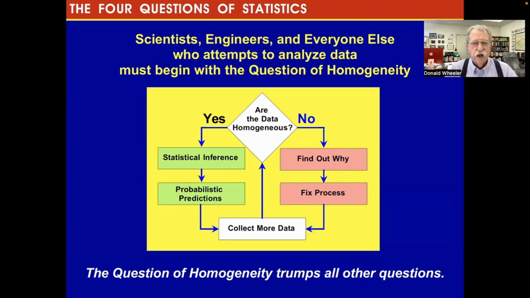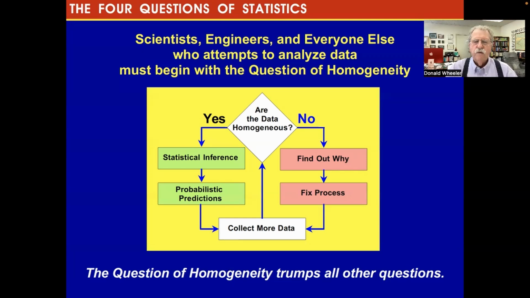If the answer is yes, then we can use statistical inference to estimate the process parameters, and then we can use probability theory to make probabilistic predictions. But if the answer is no to the question of homogeneity, you need to find out why the data are not homogeneous and fix the process. Collect more data, go back to the top.